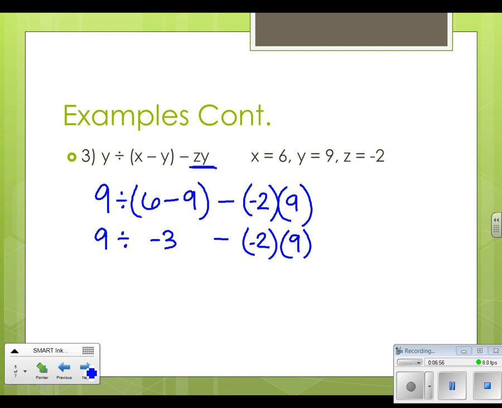So I'm going to divide 9 divided by -3 gives me a -3, because a positive divided by a negative is a negative, minus -2 times 9. Now I have to do my multiplication, so -2 times 9 gives us a -18.